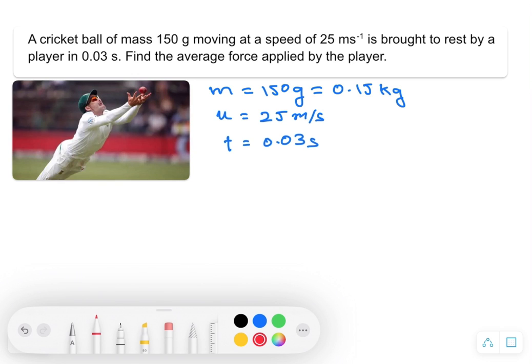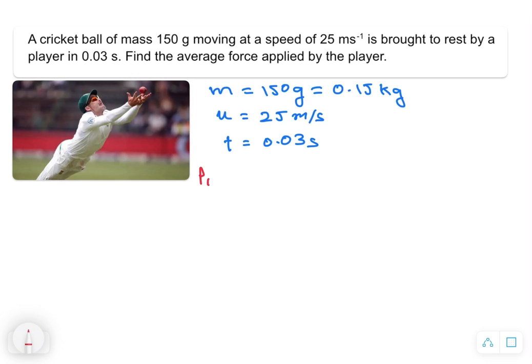Let us first calculate the initial momentum. Initial momentum Pi is equal to m multiplied by u, mass multiplied by velocity. Now mass is 0.15 kilograms, u is 25 meters per second. 25 multiplied by 0.15 will give you 3.75 kg meters per second.